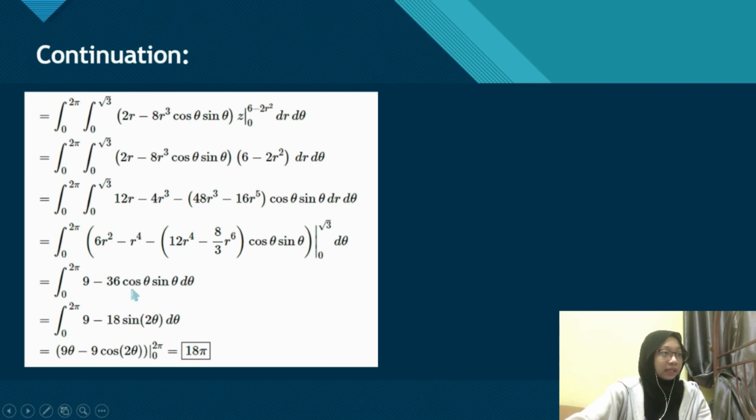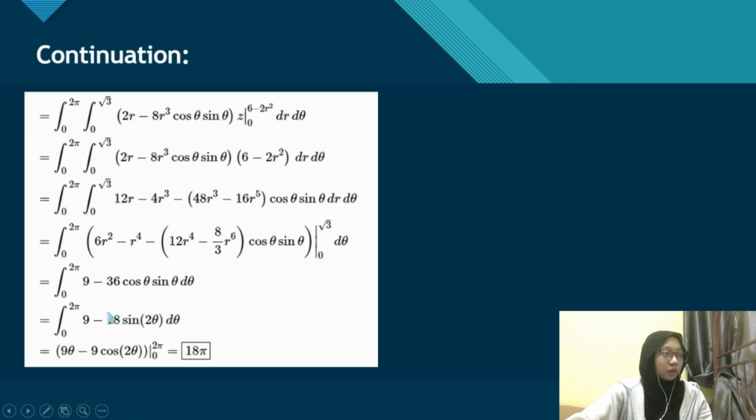As for this, we cannot directly integrate it. We have to simplify it by using u substitution. For this part, I actually used a website called Symbolab. It helps: you just insert this equation, and it will simplify it for you using u substitution or whatever suits.